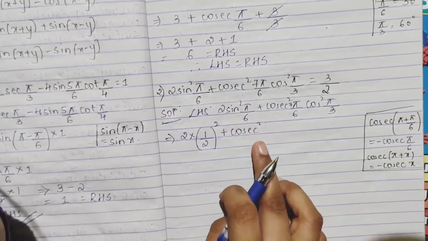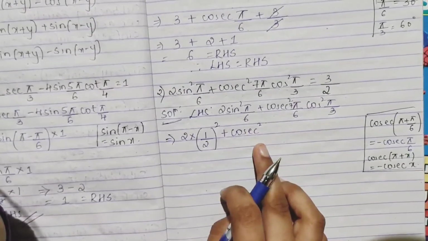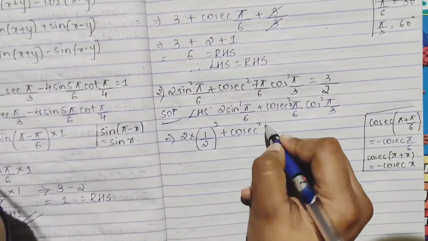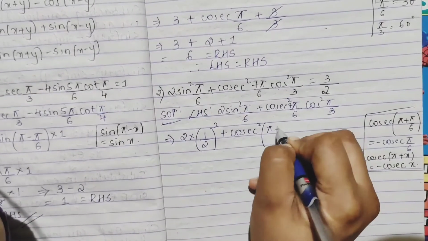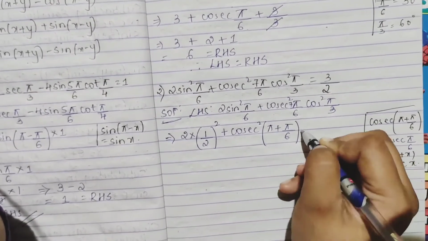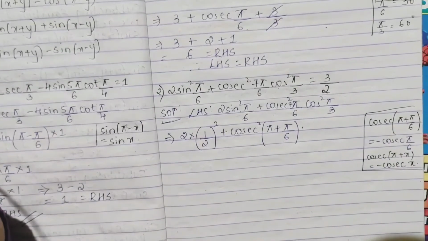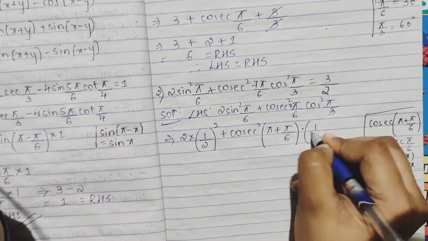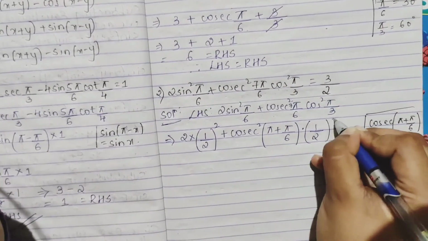So this cosec square, I can write this minus, here I should do, okay, let it be, into cos square pi by 3, 60 degree, so here cos 60 is also 1 by 2 whole square.